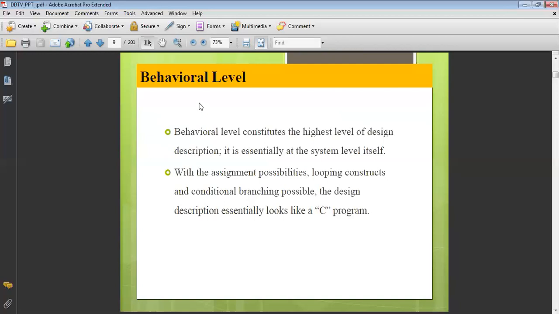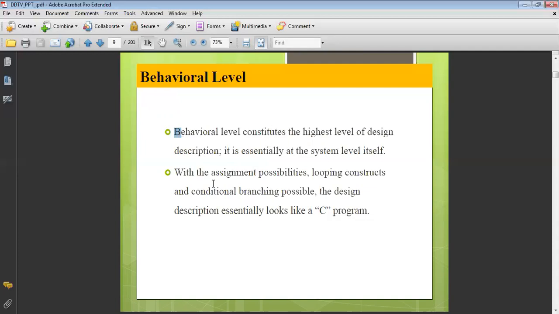What is the next type of description? The next type of description is known as the behavioral level description. In the behavioral description, the functionality of the circuit is represented by using its behavior. That means this behavior is considered the highest level of design description, essentially at the system level itself.